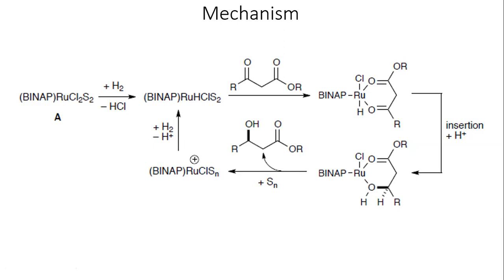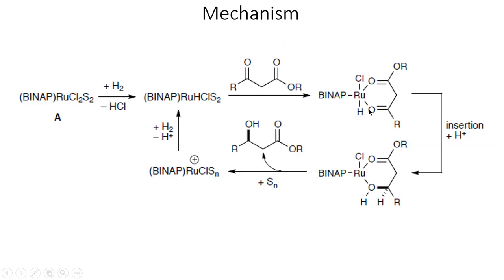And then when you add in your substrate, it's going to coordinate like so, right? So you're going to have this ruthenium complex right here, and again, you have a monohydride. You do your insertion where the hydride actually adds to the carbonyl carbon, and you get to this complex right here, right?